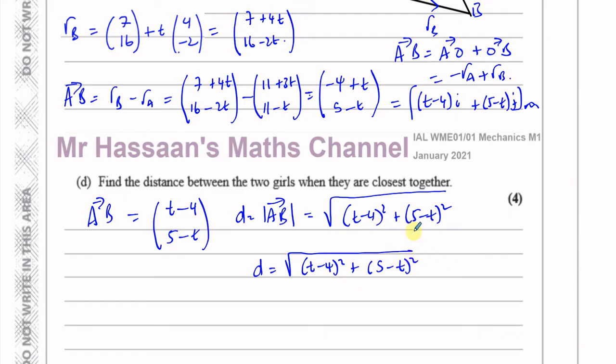Now, one way to find the minimum of an expression like this is to differentiate. You can find the differential of d with respect to t. But when it's in this form, that's a bit of a hassle because you've got a square root here. So if I square both sides, I've got d² = (t − 4)² + (5 − t)², and I differentiate this.